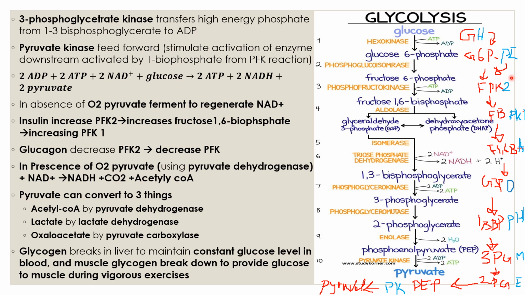2, and how insulin increases PFK2 in order to increase the fructose 2,6-bisphosphate, which increases PFK1. So insulin is a really strong player in glycolysis because insulin wants to break down the glucose as fast as possible, wants to lower the glucose in the bloodstream.